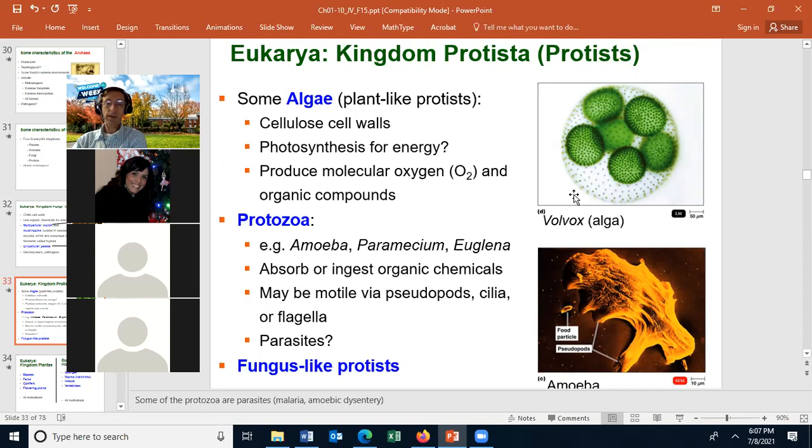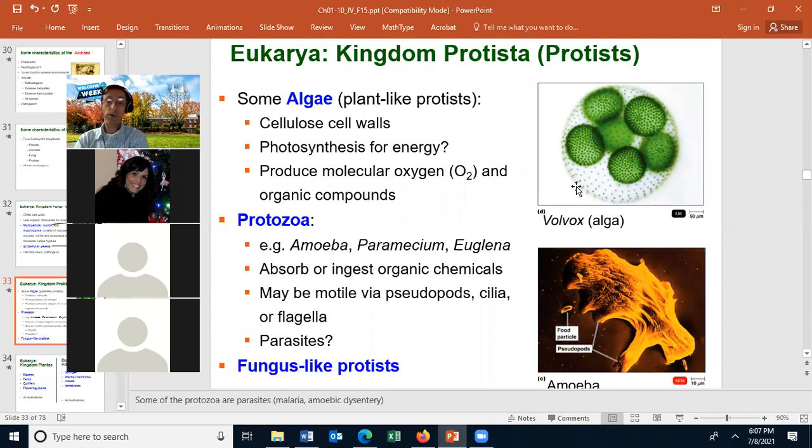And then the third way they can move is by flagella, and that's a whip-like structure that beats, and generally if you're beating this way, the object will move that way. So it acts sort of like a fishtail, although instead of beating like a fishtail, it's more like snapping a whip.